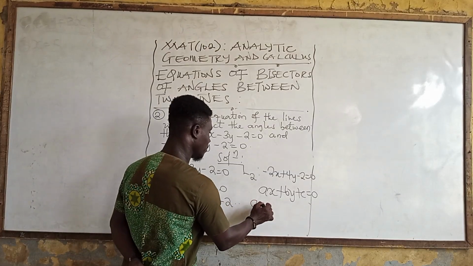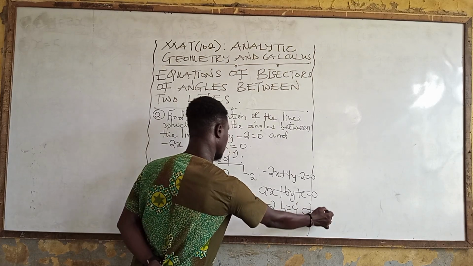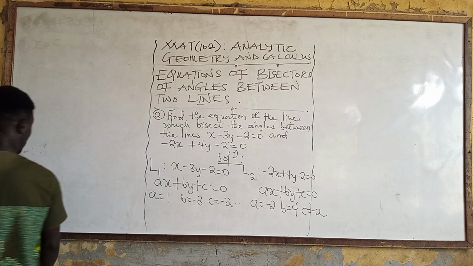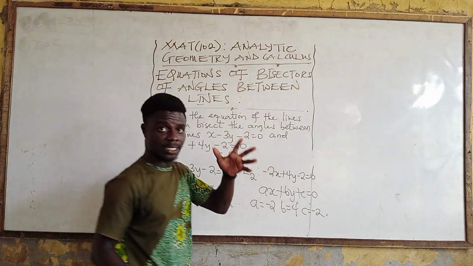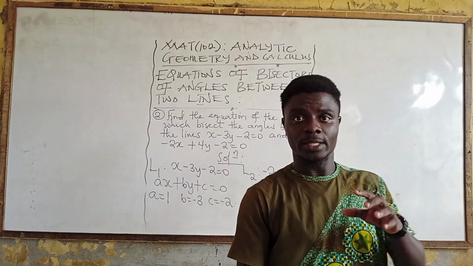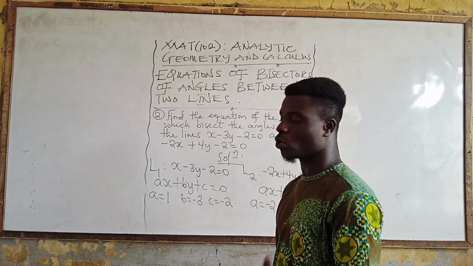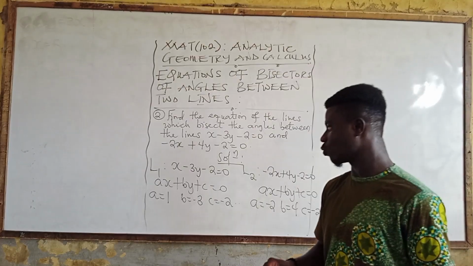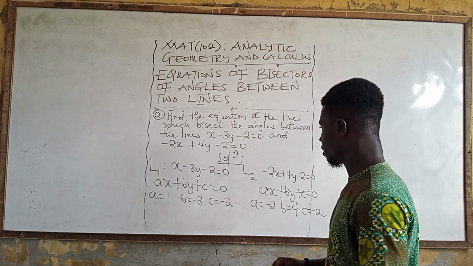We get our a being equal to negative 2, b equals 4, c equals negative 2. So now here, we can find the perpendicular distance because let's denote a point P, x or y, on the bisector.